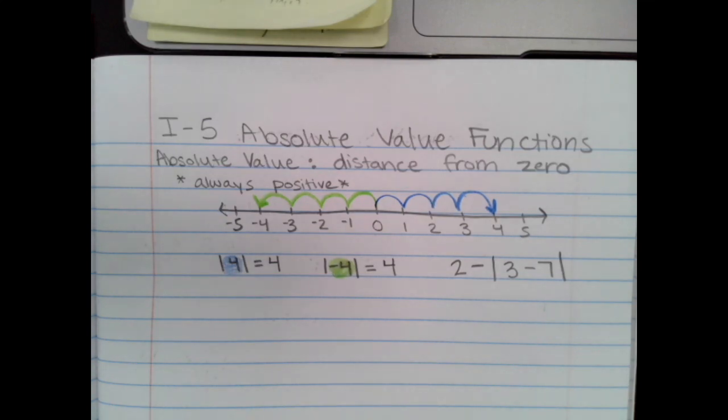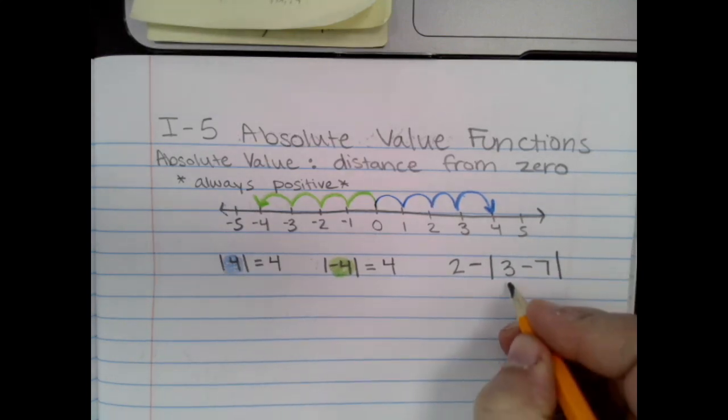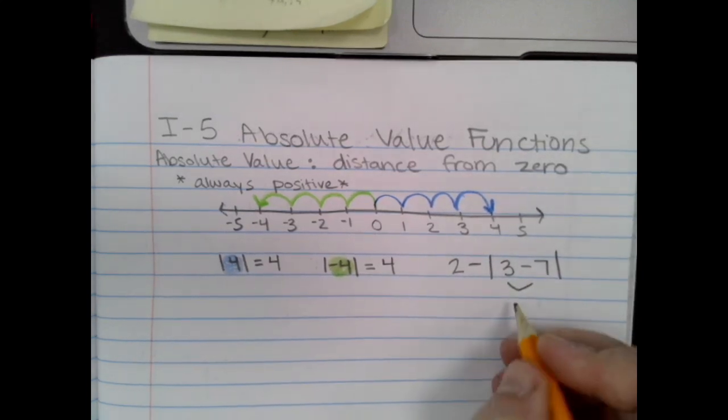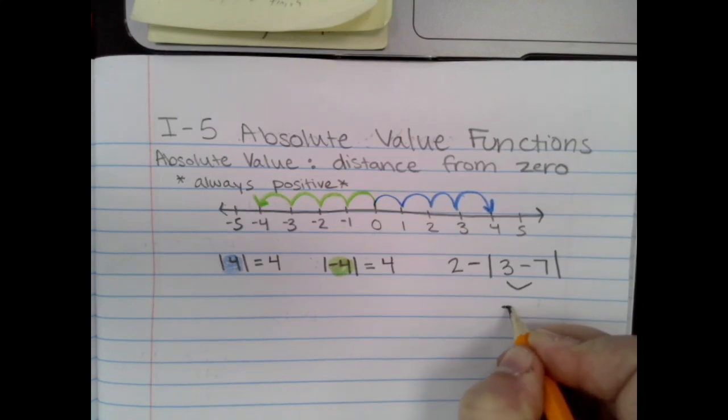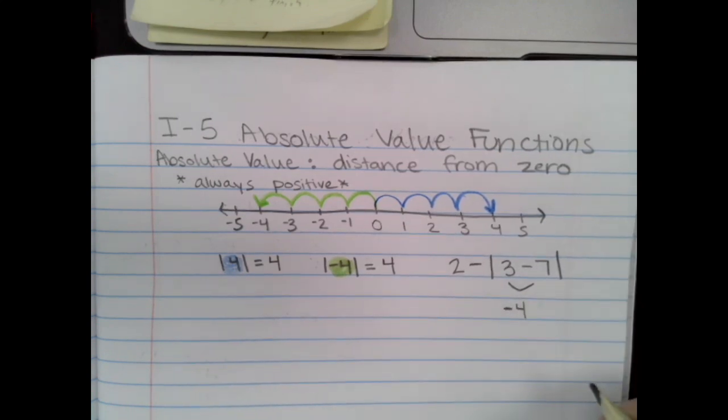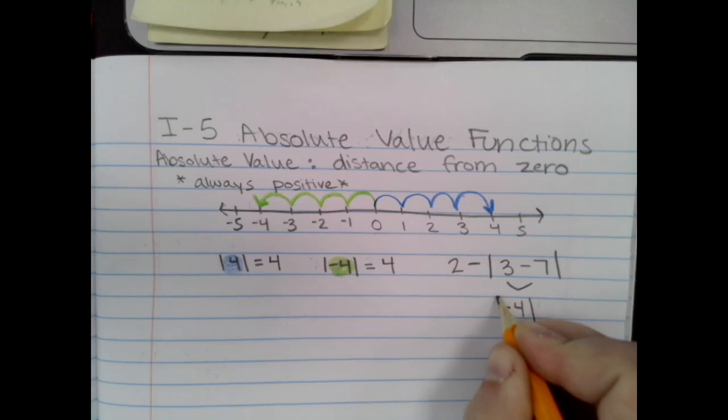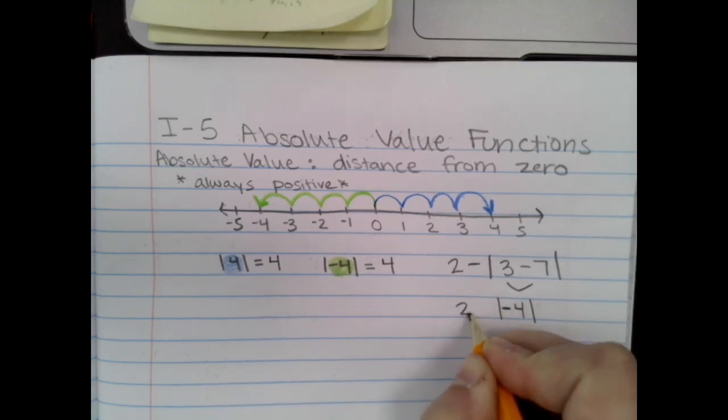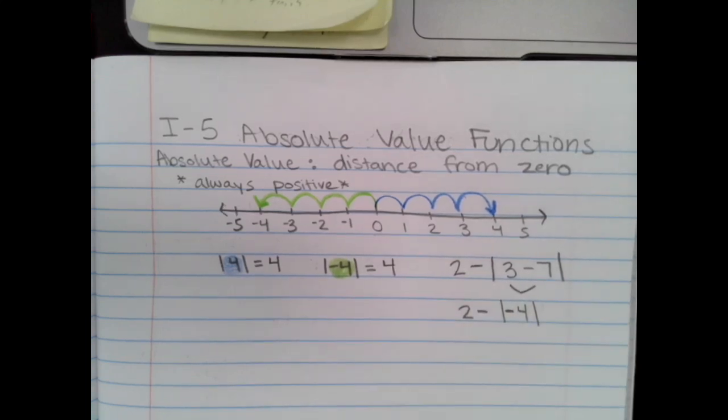So what would I do first in this one? Good, we start with this absolute value. We do the 3 minus 7, which is -4. Did I do absolute value yet? Nope, so we still want those absolute value signs. And then we saw that 2 minus in front.